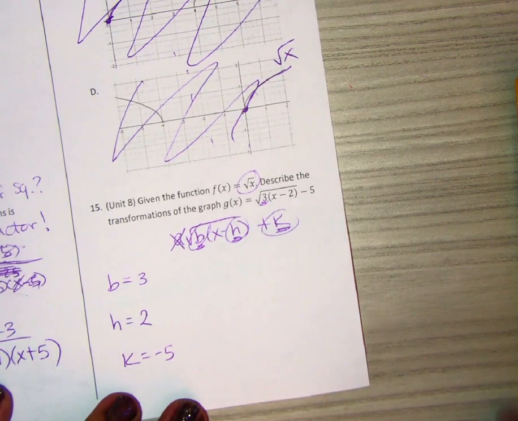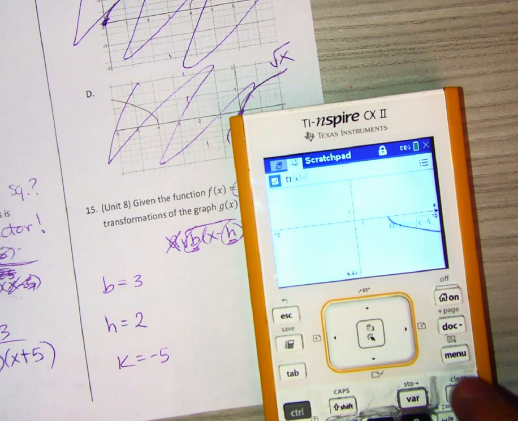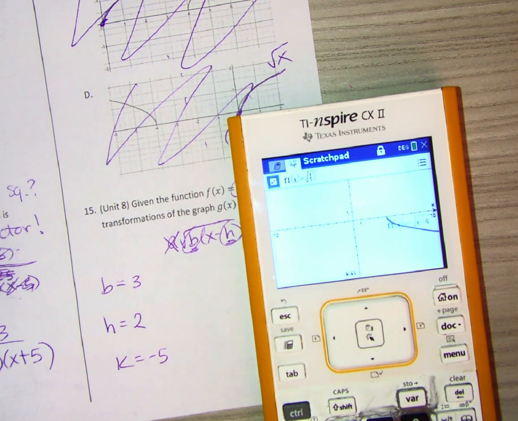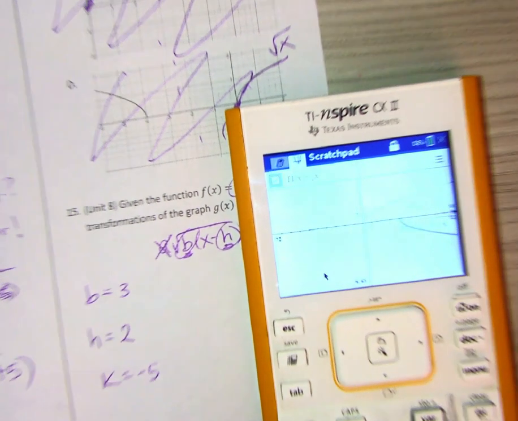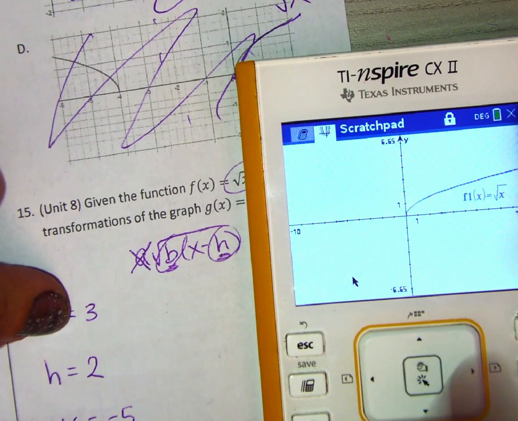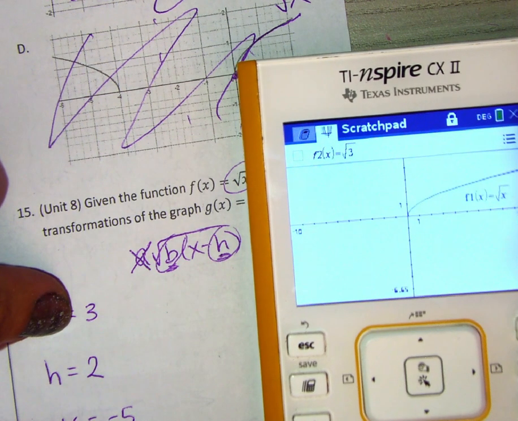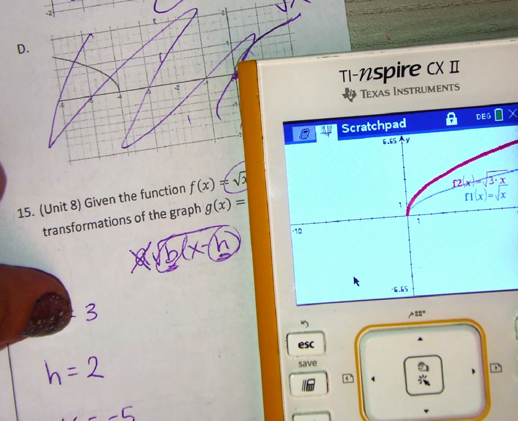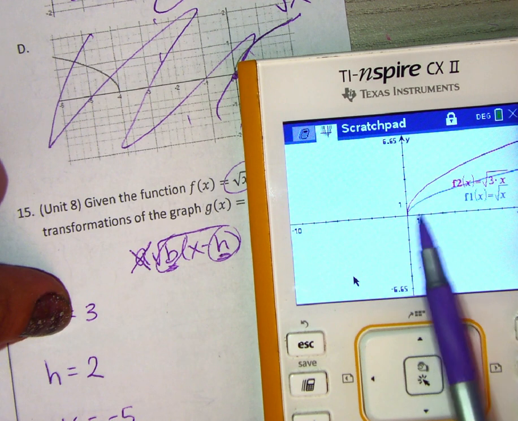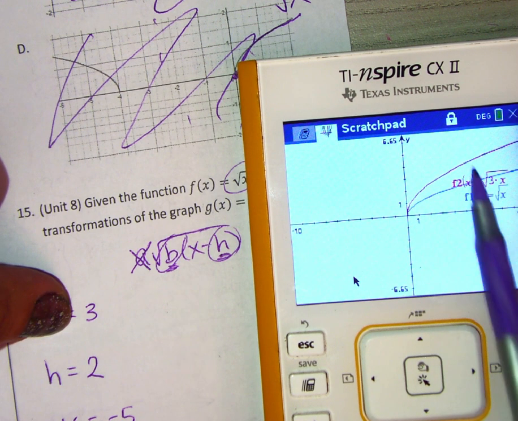We can graph them individually as well and see what they do. So I will have the parent function to compare to. So this is the parent function. And if we put a b value that's a 3, we're going to type square root of 3x because that's putting the b value of 3. Notice that the b value made the graph go higher, didn't move it, shifted, nothing, is just stretching it.